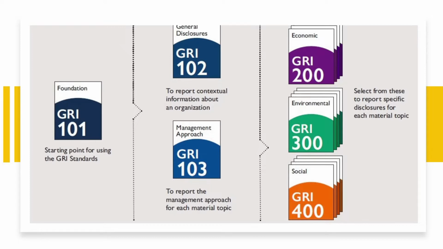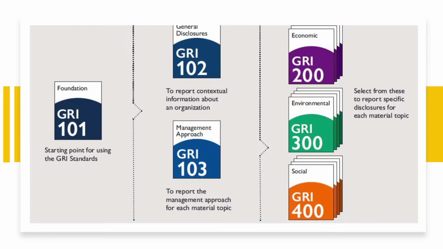It reports on enterprises' contextual information. The second is the management approach. Again, it's a 100 item. It reports on the management approach for each material topic on sustainability. There are 3 material topics: economic, environmental, and social.